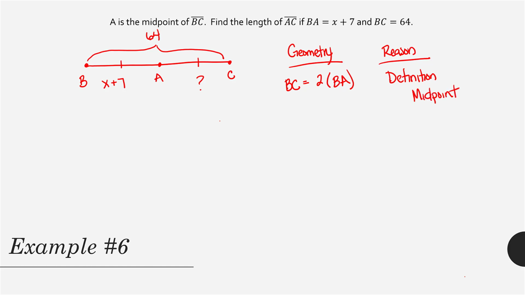Okay, because the left side equals the right side. Now I'm going to go through and plug in all my values that I know. BC is 64, and BA is x plus 7. Solve for x. I'm going to first distribute my 2.